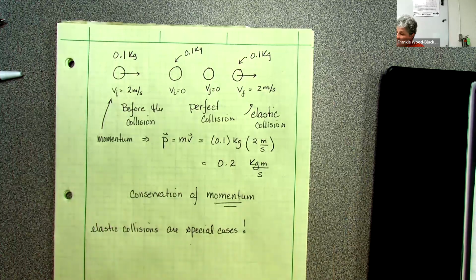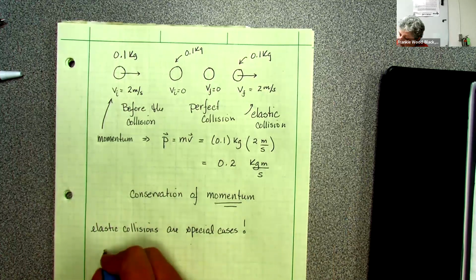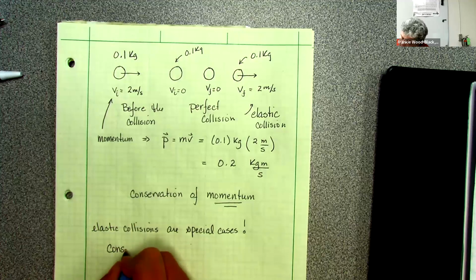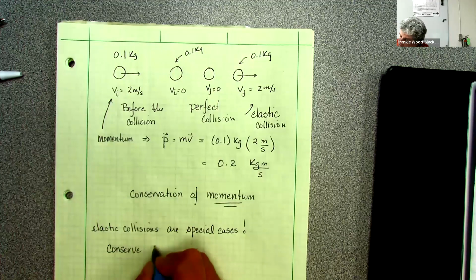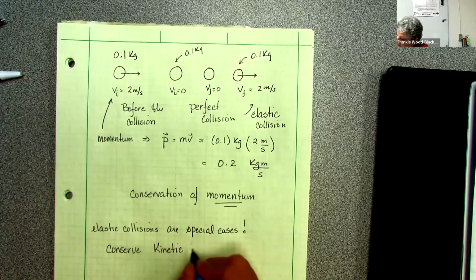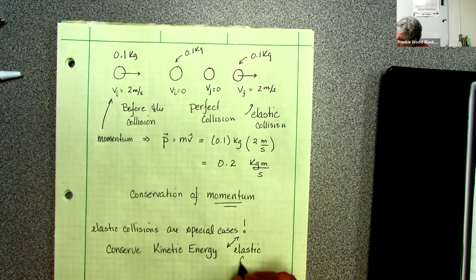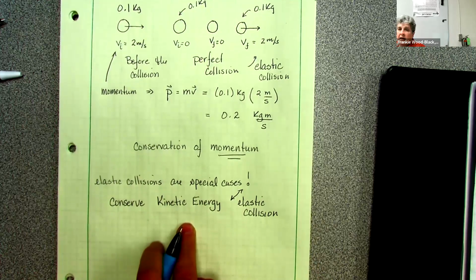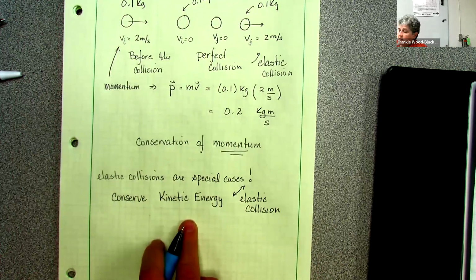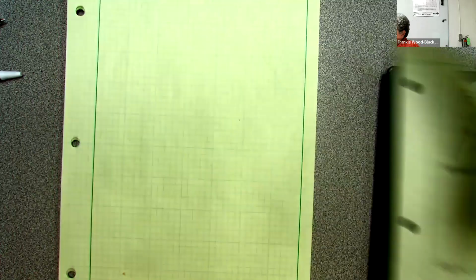And in an elastic collision, we can conserve kinetic energy. And that's how we tell that we have an elastic collision. We can tell we have an elastic collision because we get conservation of kinetic energy. Now, let's go back and let's look at conservation for a second.